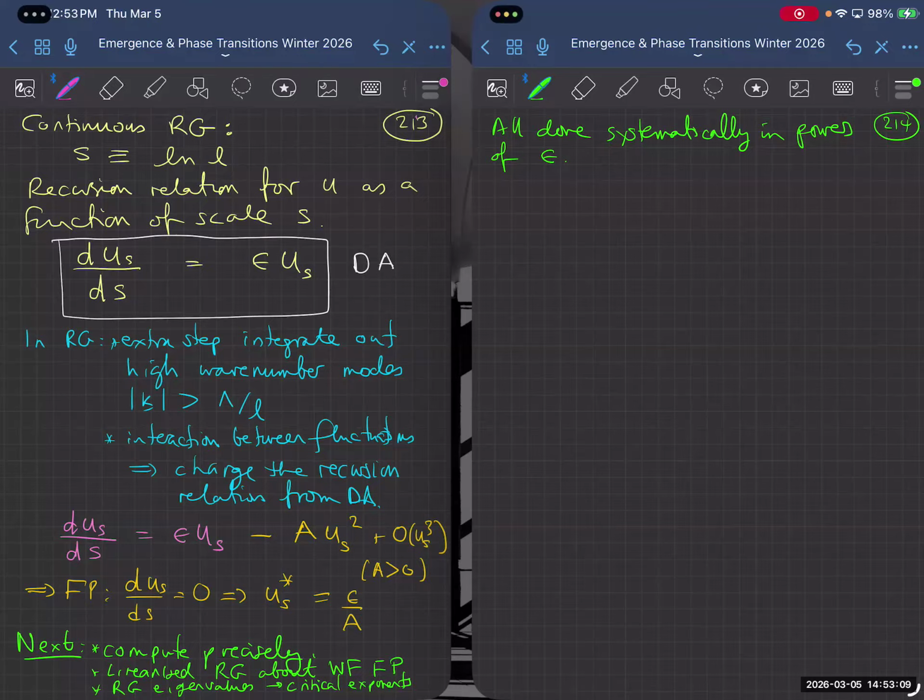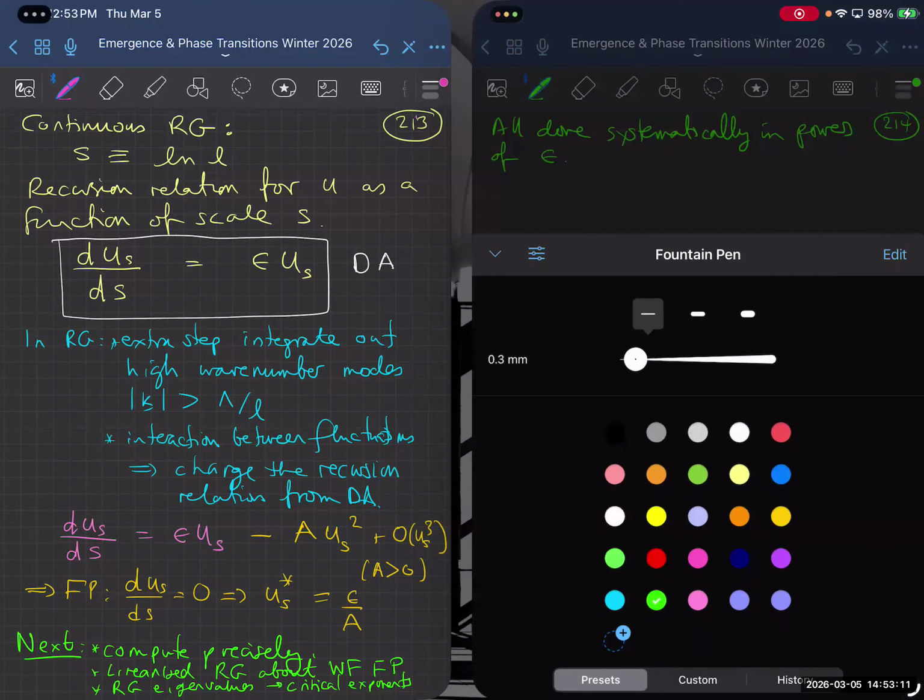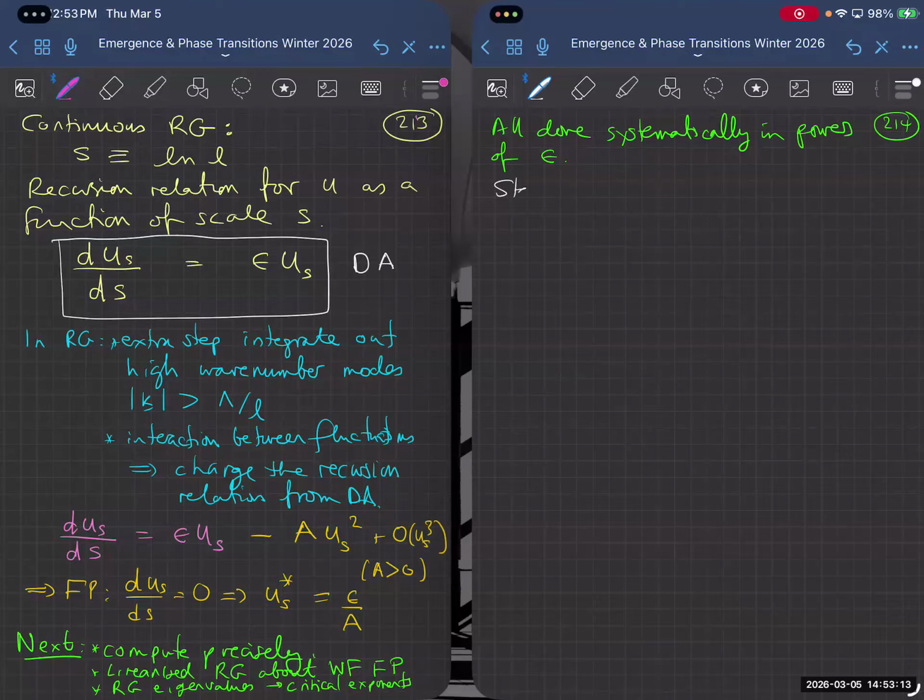Okay, so the way we're going to do this is we're going to start with the order epsilon to the 0 part. In other words, what we're going to look at is the so-called Gaussian theory. And I'm going to spend a little bit of time going through how we write down what this functional integral is, that I've so far resisted telling you what it actually is.